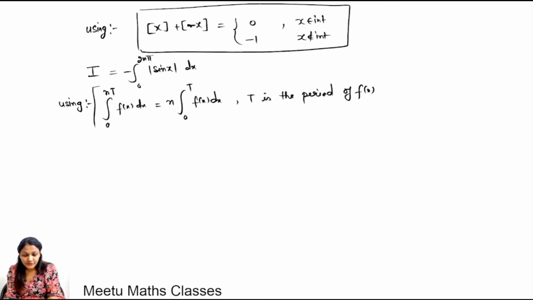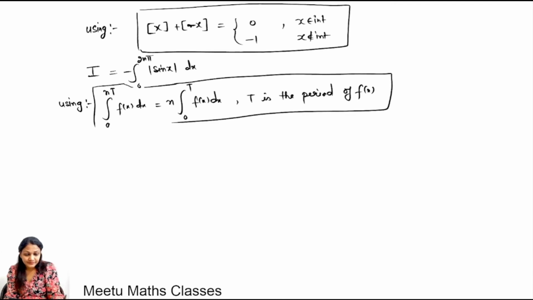So if we use this rule here, the period of modulus of sin x is pi, so your I can be written as minus 2n, taken out, integral 0 to pi modulus of sin x dx.